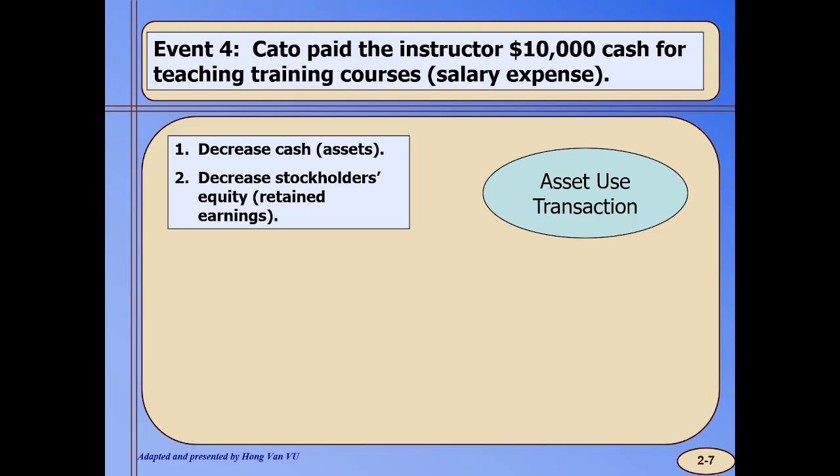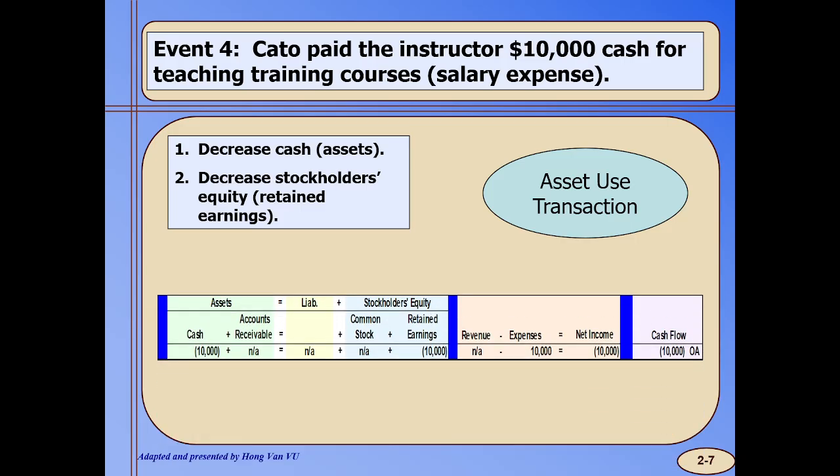The salaries expense reduces net income, and the statement of cash flows reports an outflow of cash for operating activity. This is classified as an asset use transaction.